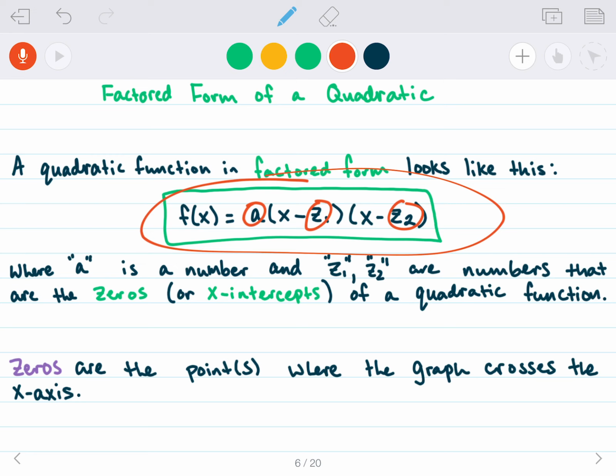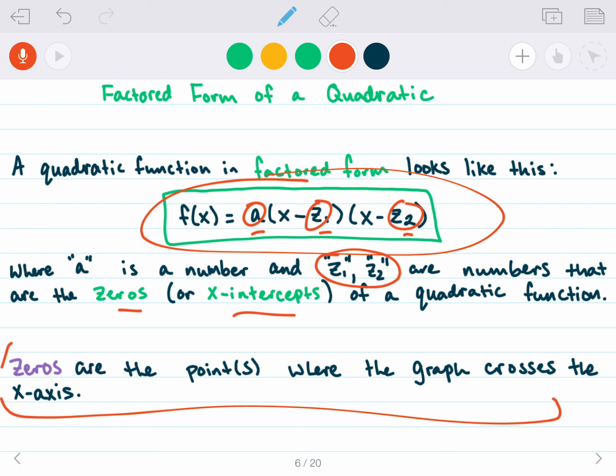Anyway, I'm rambling on about this, getting a little too excited, but bottom line, a, z1, and z2 are going to be numbers. a is the same as the a in standard form. It tells us if it's concave up or down, but this time z1 and z2 stand for zeros. That's where it crosses the x-axis. Zeros are x-intercepts.